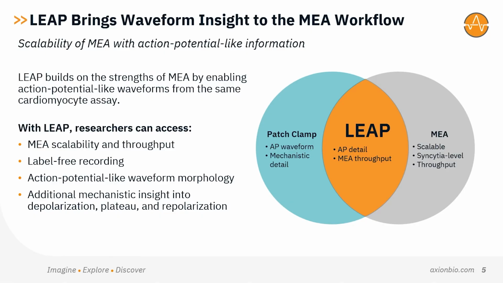With LEAP, researchers can maintain MEA scalability and throughput, preserve label-free recording, and add action potential-like morphology. In other words, LEAP helps bring together the two things researchers want: the mechanistic detail associated with action potential waveforms and the scalability of MEA. That's why we often describe LEAP as adding waveform depth without giving up MEA scale.